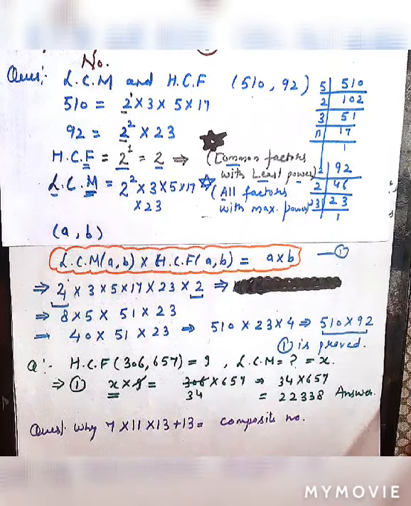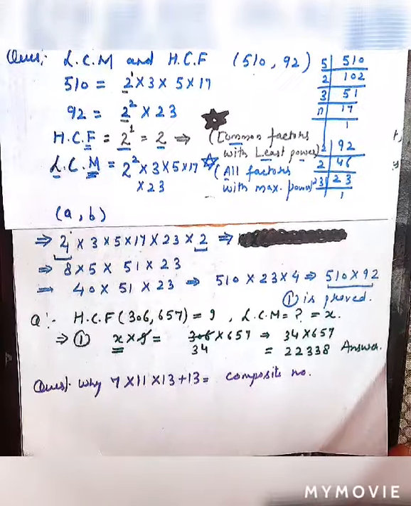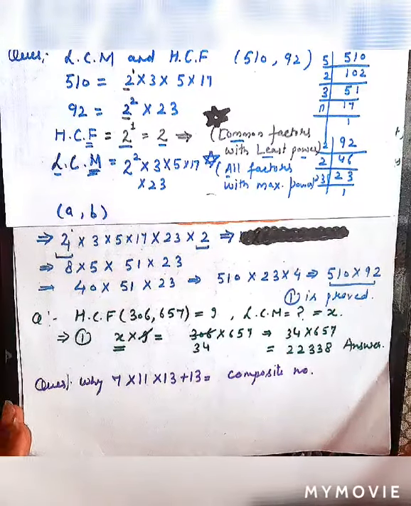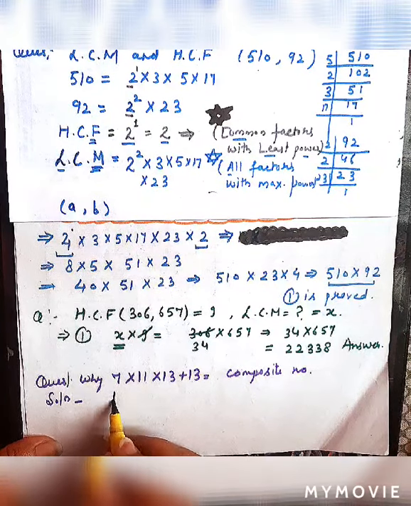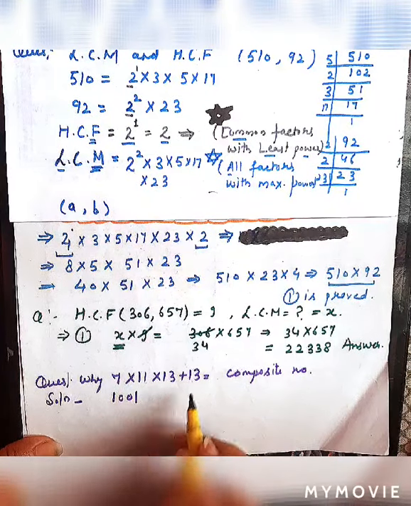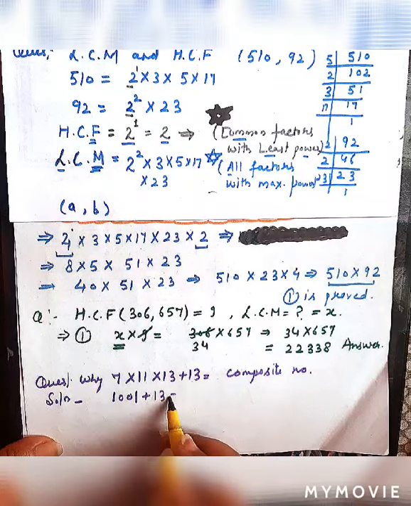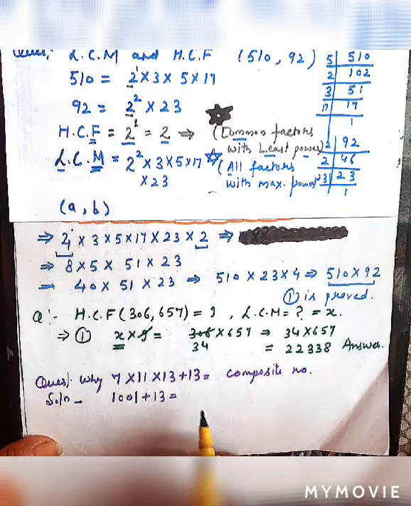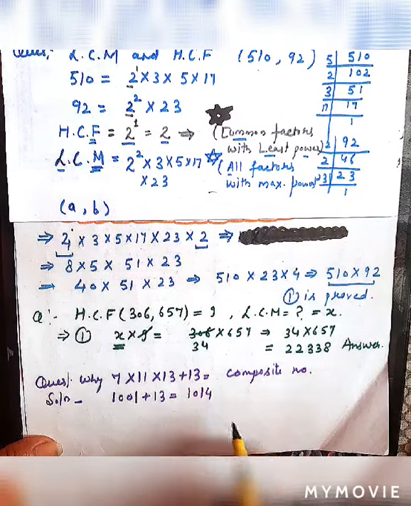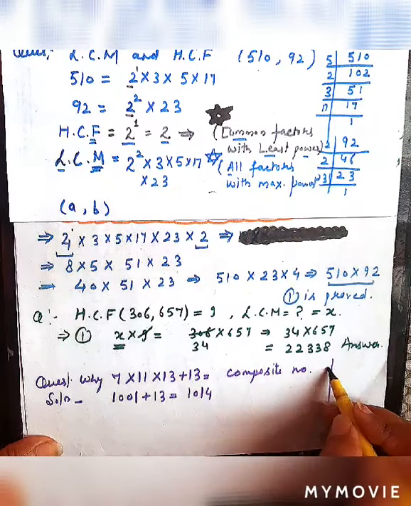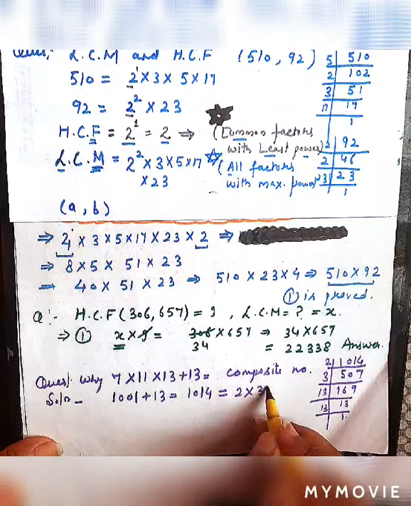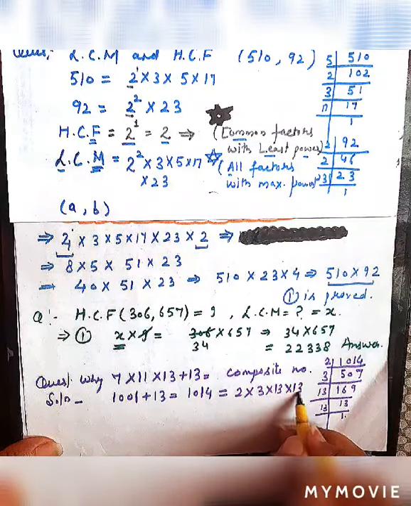What is a composite number? Any number which can be written as a product of prime numbers. We have done this earlier. After multiplying this, we will get 1001 and addition of 13. When we add this 13, we'll get 1014. So in the same way, we will make a column like this: 1 into 3 into 13 into 13.